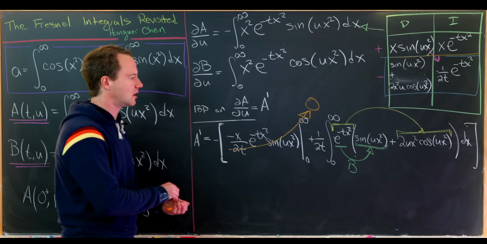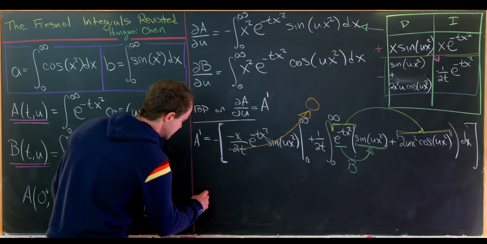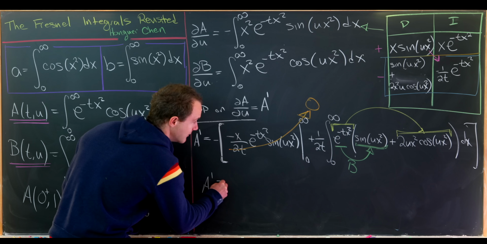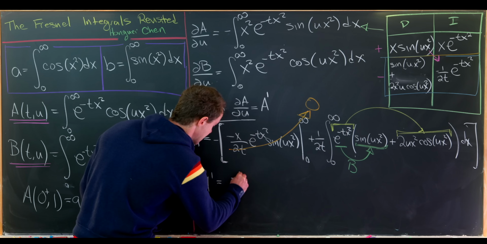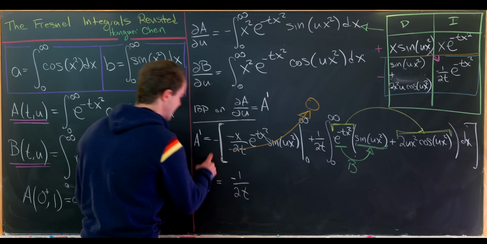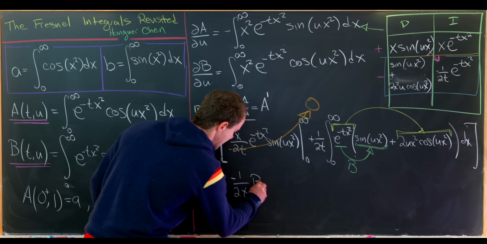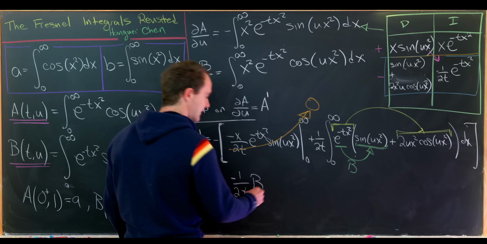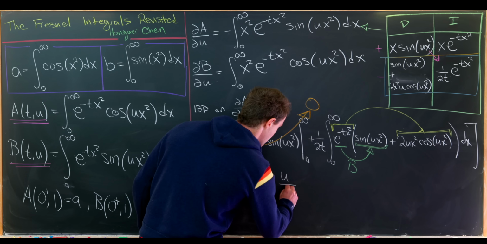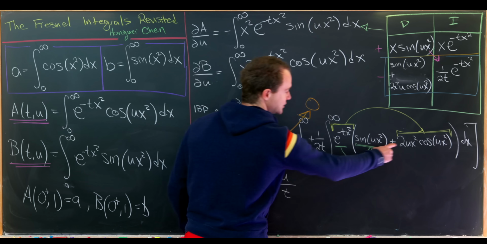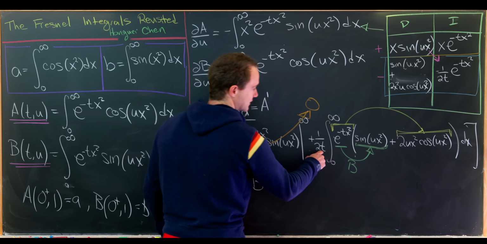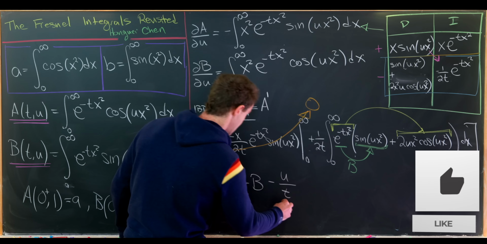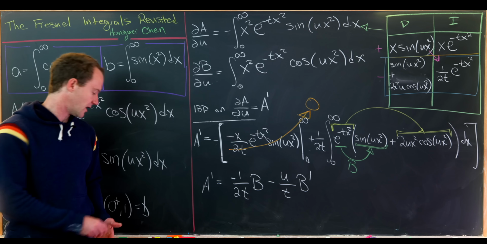Okay, so let's write all of this down in the end. So we'll have A prime is equal to negative 1 over 2t, the minus sign comes from this, times B, that's this B right here. And then we'll have minus u over t. So these 2's cancel, and we'll have the u over t, and then B prime. The x squared cosine ux squared connected to the exponential is our B prime.